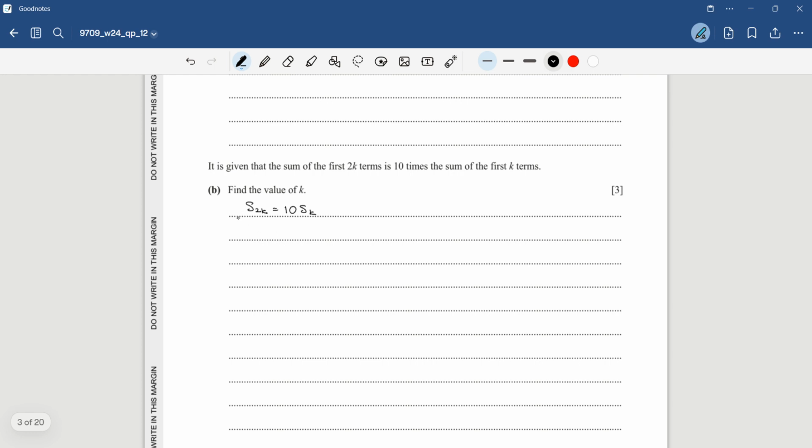We apply the formula n over 2, so 2k over 2, 2a plus n minus 1 d equivalent to 10 times n over 2, 2a plus n minus 1 d.